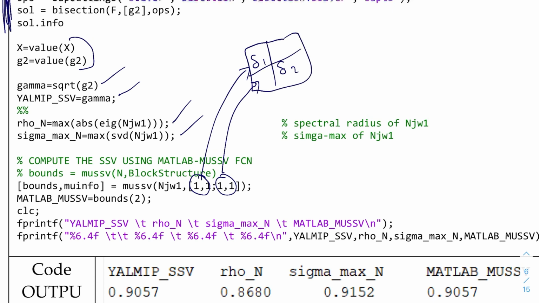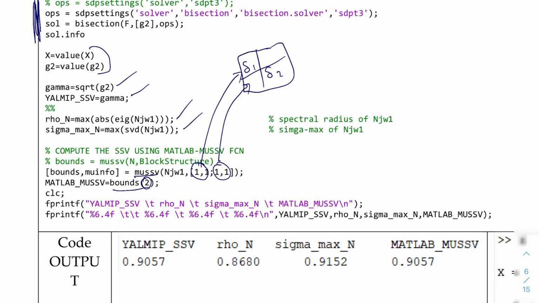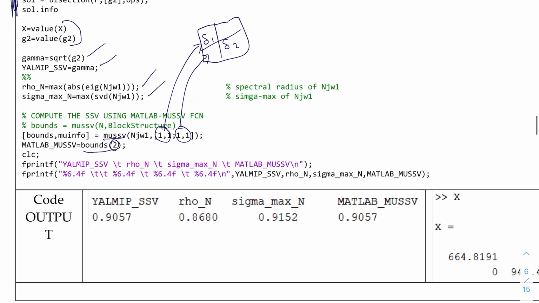When you type that, Matlab knows that your uncertainty is in this form, okay? And then you use mu SSV and get the upper bound, right?